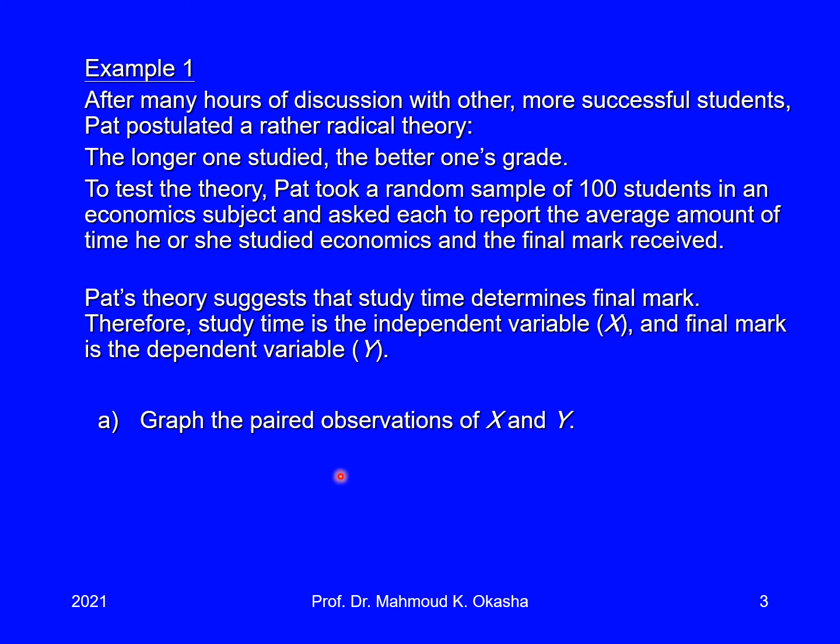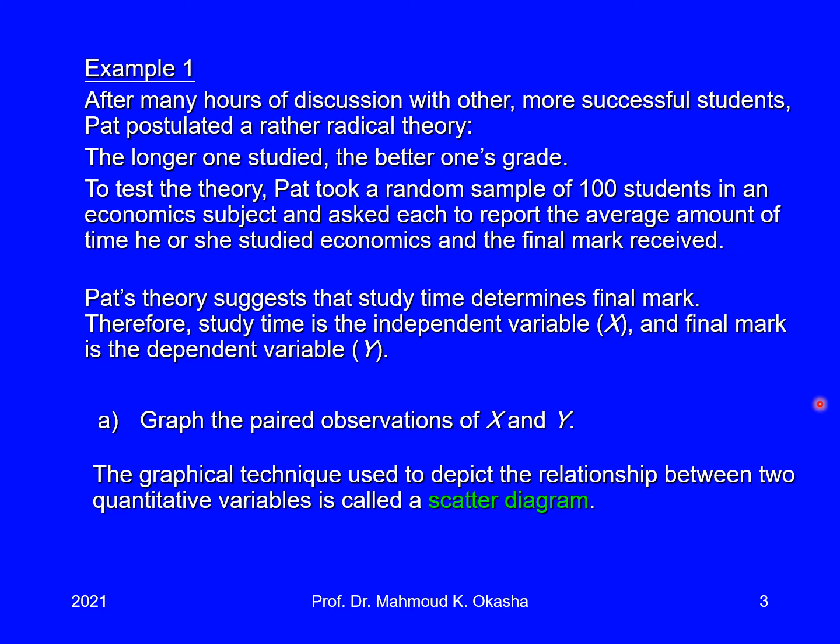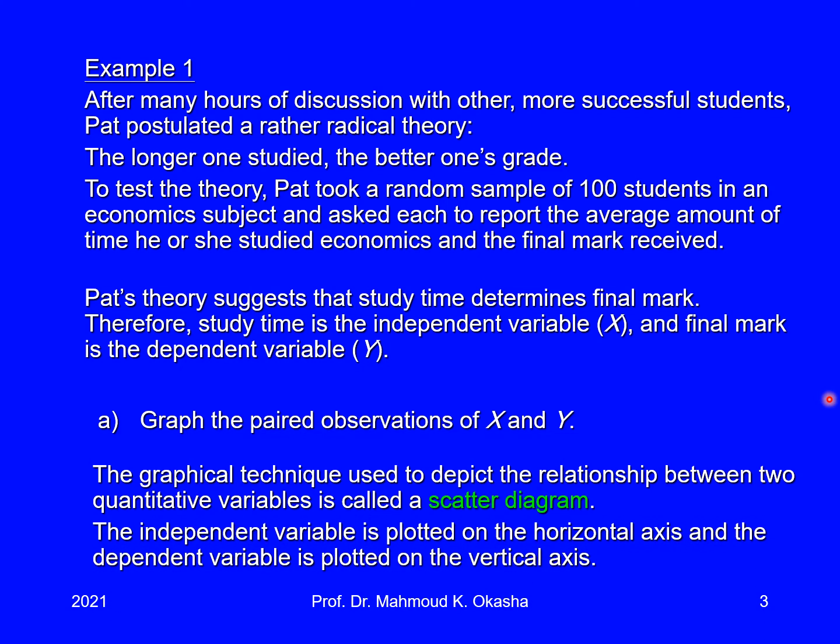So if we graph the paired observations, we have a scatter plot. The graphical technique used to depict the relationship between two quantitative variables is called a scatter diagram or scatter plot. It shows the relationship between two numerical variables.